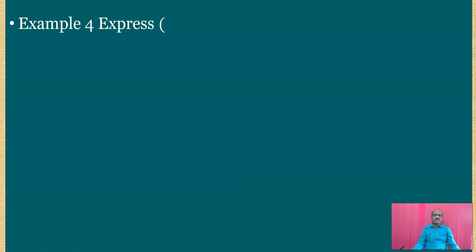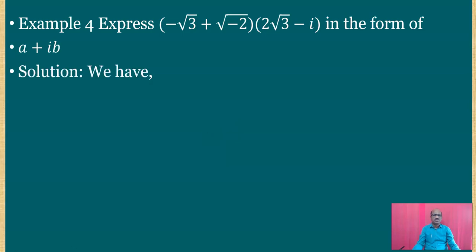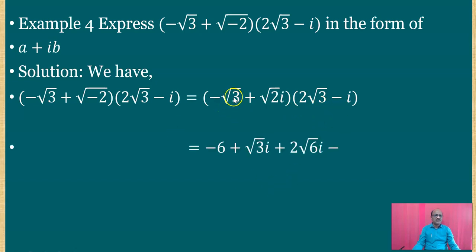Next example. Express (-√3 + √-2)(2√3 - i) in the form a + ib. That's the solution. Normal multiplication is here. (-√3 + √-2)(2√3 - i) = (-√3 + √2 i)(2√3 - i). If you simplify this, what is √3 into √3?